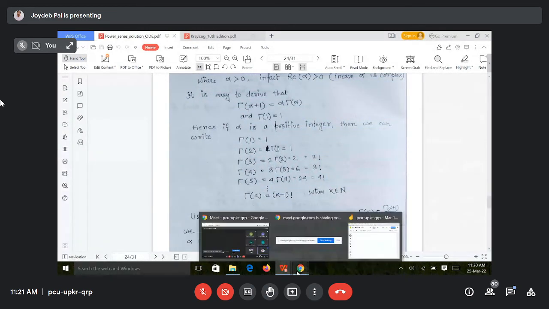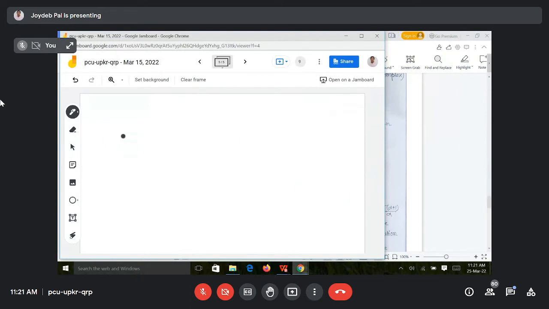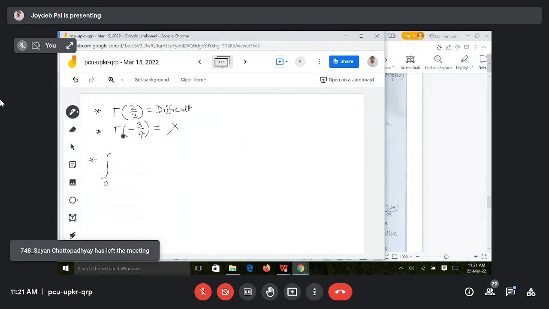What is the value of the integration from 0 to infinity of e to the power minus t, t to the power 7 dt? Can you tell me? Think.